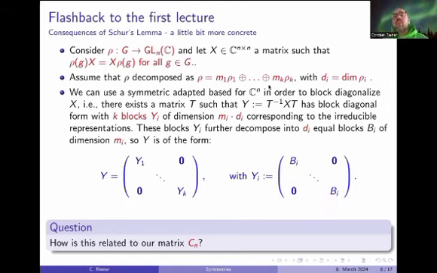Okay, so showing this requires just a little bit of knowledge of linear algebra and just a repetition of the same argument that we did previously for the second part of Schur's lemma.